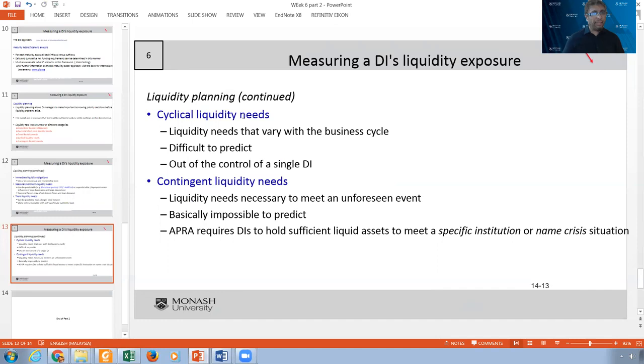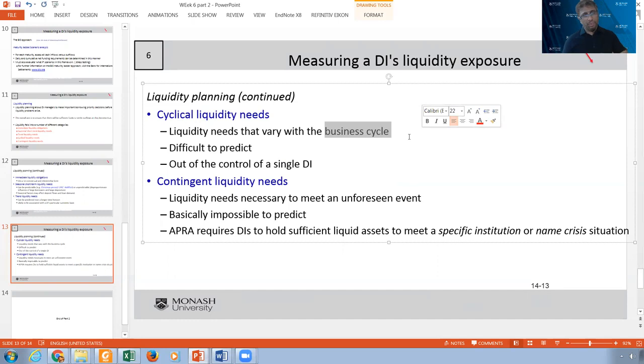Liquidity planning, as I told you, can be cyclical and it can be contingent. When we talk about cycle, it's the business cycle, as I told you, booming and depression. And it's also difficult to predict because we don't know how the economy is going to behave. Whether COVID is coming, whether we have another COVID coming, or is it the end?